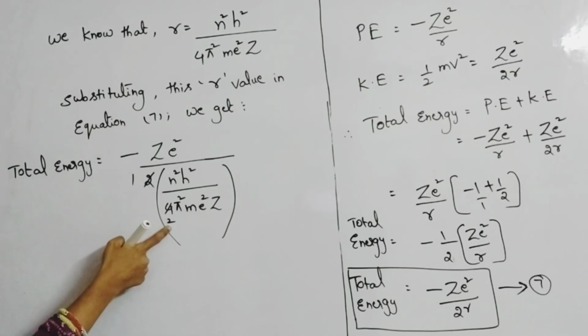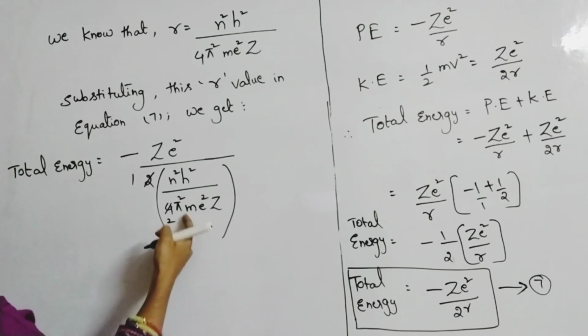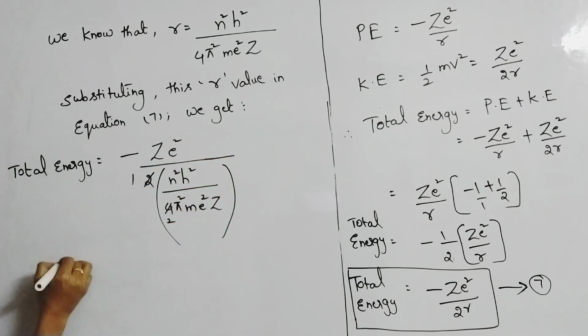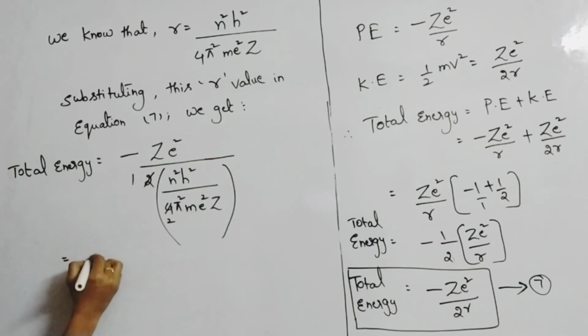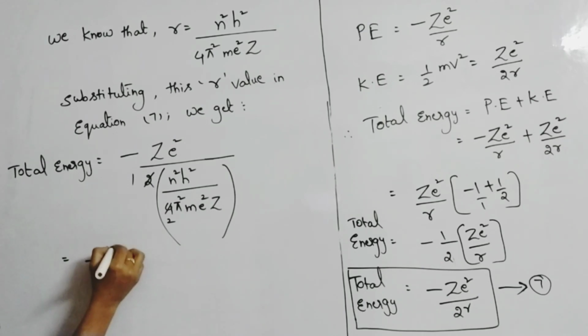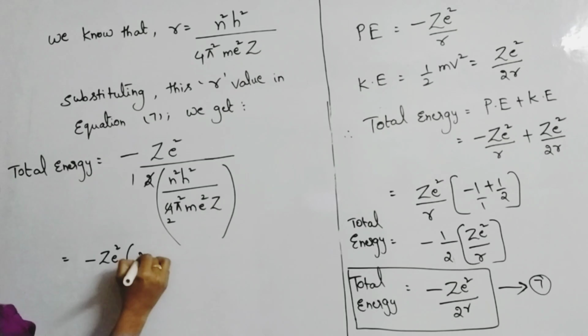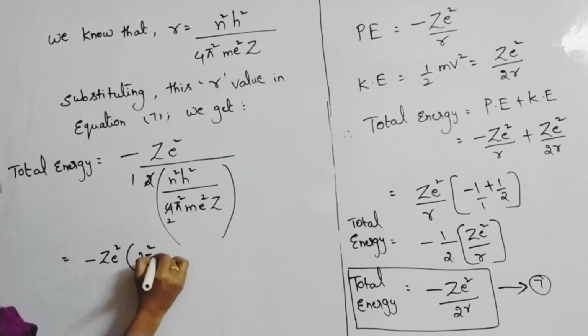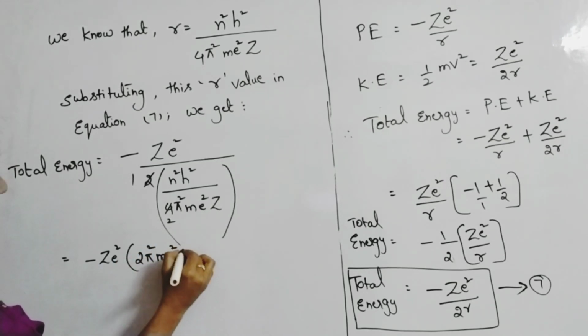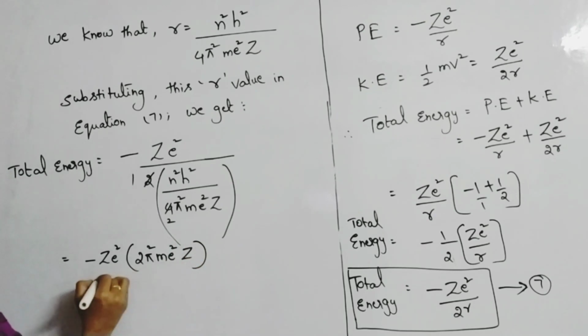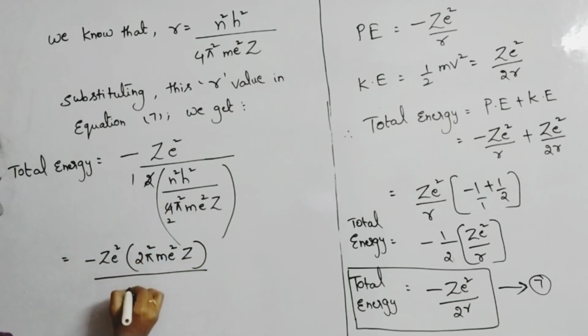Bring this whole to the numerator. So minus z e square into 2 pi square m e square z by n square h square, as it is I am writing.